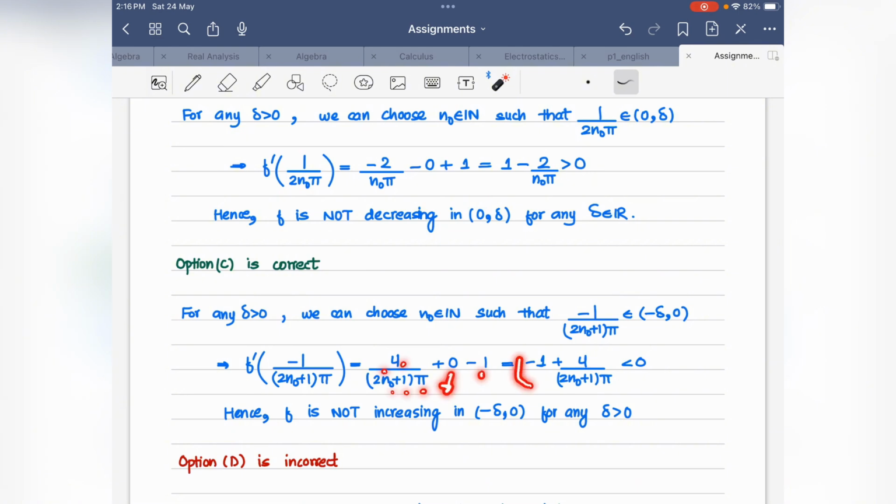So the expression is minus 1 plus 4 upon (2 n naught plus 1) pi, which is negative because this quantity is always less than 1. So we get a point inside this interval where the derivative of the function is negative. So the function is not increasing in (minus delta, 0) for any delta greater than 0.